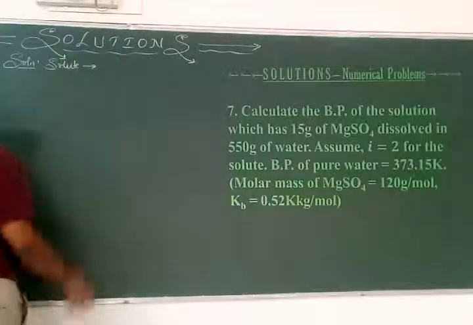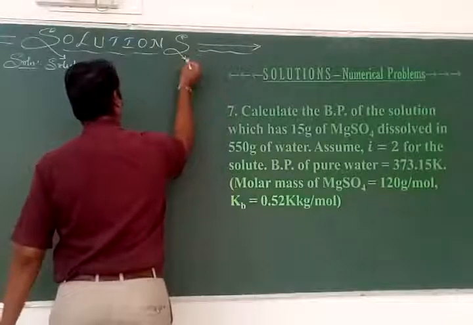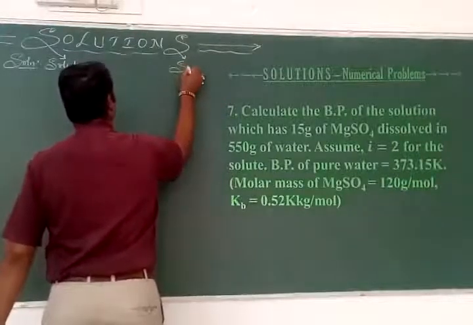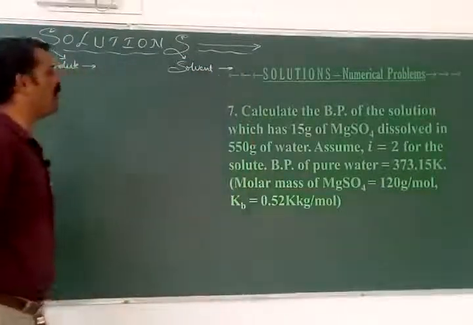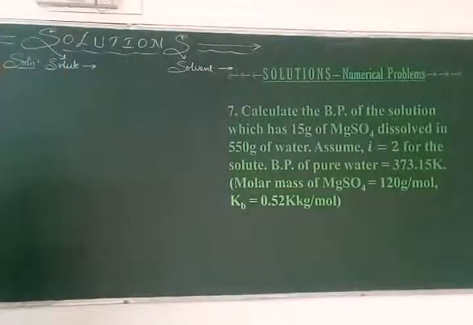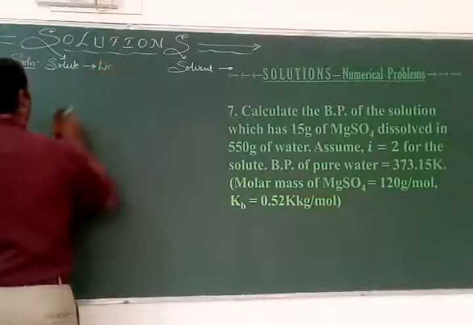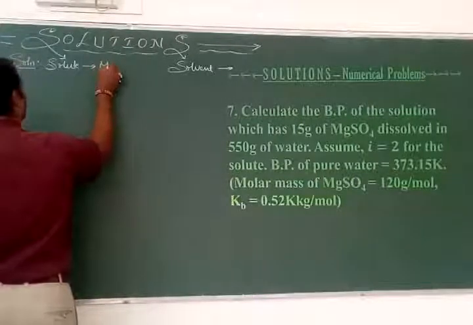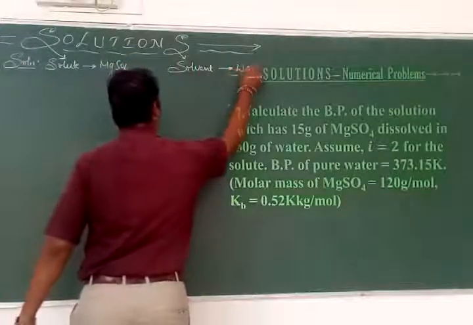Which is the solute and which is the solvent? The solution has 15 grams of magnesium sulfate dissolved in 550 grams of water, which means magnesium sulfate is the solute and water is the solvent.